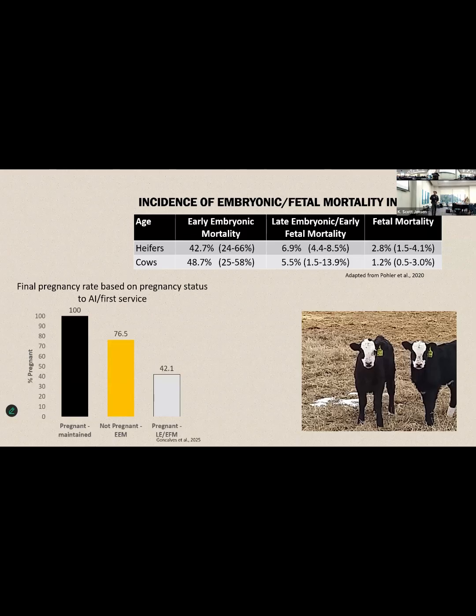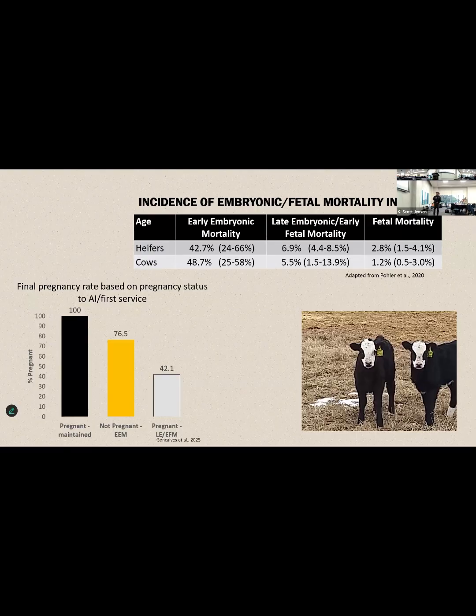This group of cows were the cows that weren't pregnant at 30 days, but some of them showed up pregnant at 100 days. And then this group was pregnant at 35 days, but when they rechecked them at 100 days, they didn't have AI calves in them anymore. They had calves that were like 40, 50 days old. So those animals have lost those pregnancies and become rebred.